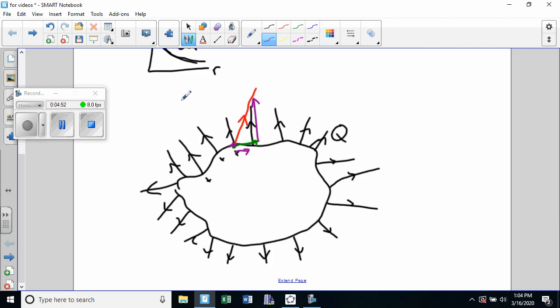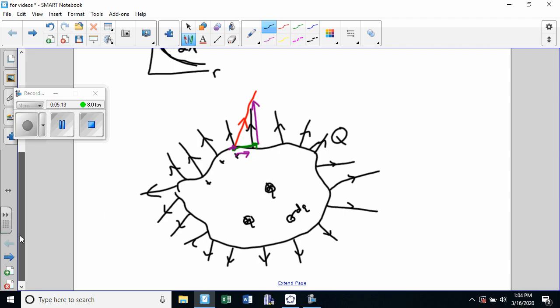Now of course, in order to find the electric field in this space around the charge distribution, I would need to select a whole bunch of little tiny dQs, right? This thing is made up of a whole bunch of little tiny dQs. And if you wanted to find the electric field out in this space, you would add up the contribution from each of these charges.